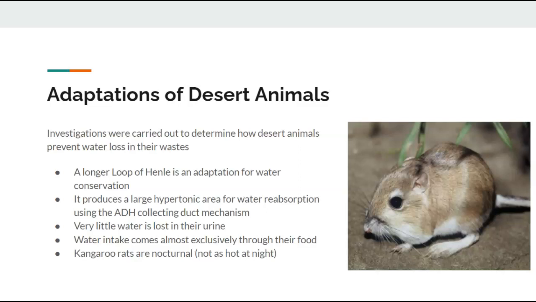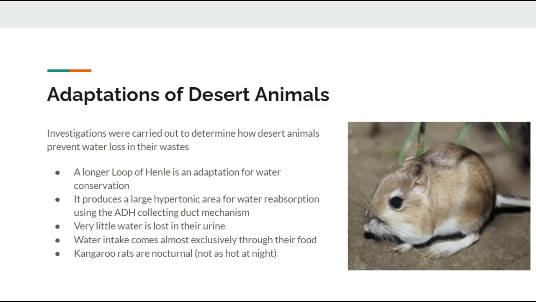So hypertonic means higher solute concentration outside of the cell or the nephron than inside. Using the ADH collecting duct mechanism, this is how they are able to get more water reabsorption. They release very little water in urine, and their water intake comes almost exclusively through their food.